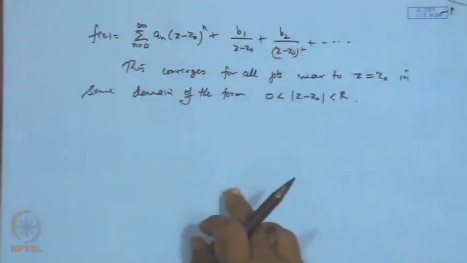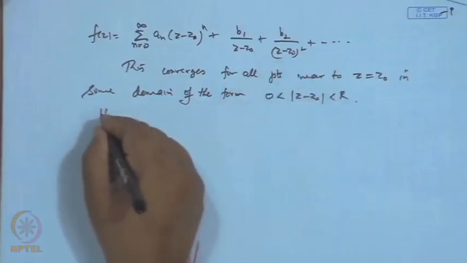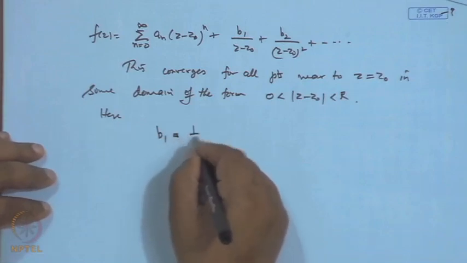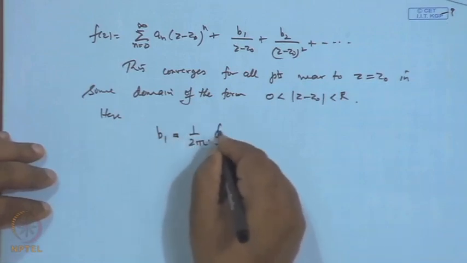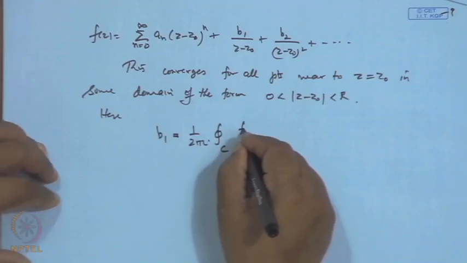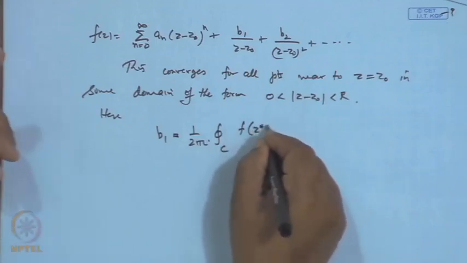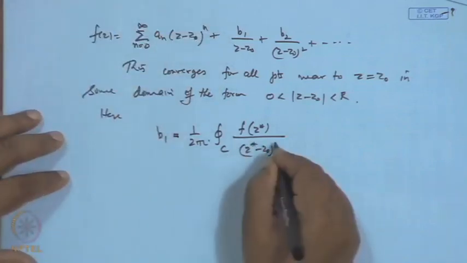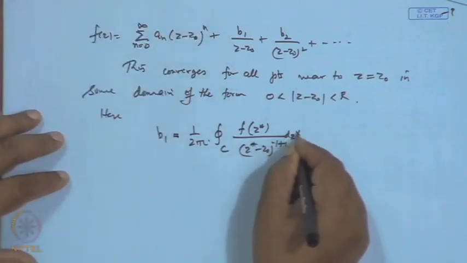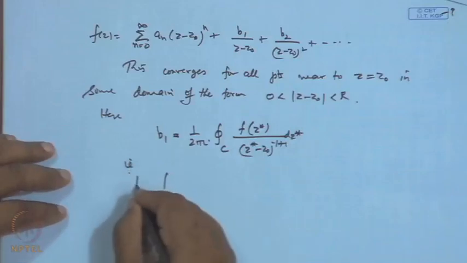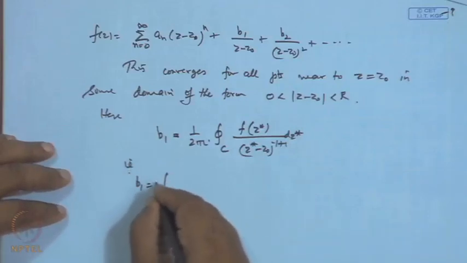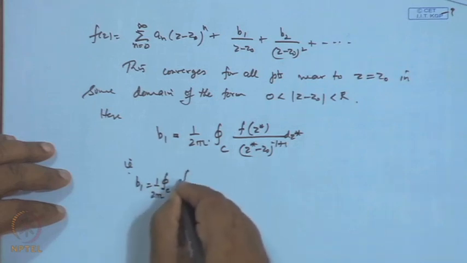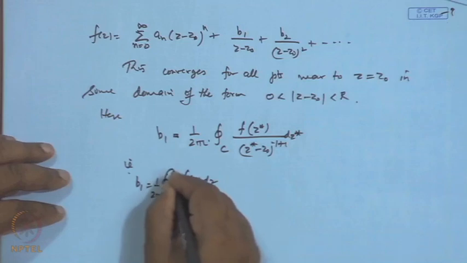So, if we look at the formula for b_1, it is given by 1 by 2 pi i times the integral along C of f(z*) over (z* minus z naught) to the power minus 1 plus 1 dz*. That is, b_1 becomes 1 by 2 pi i times the integral along the closed curve of f(z) dz.